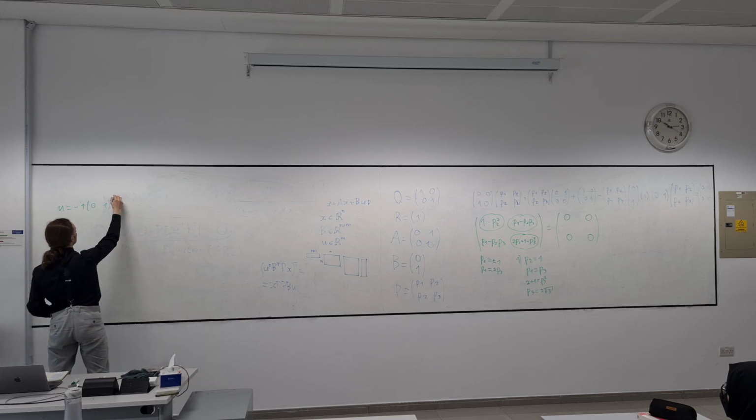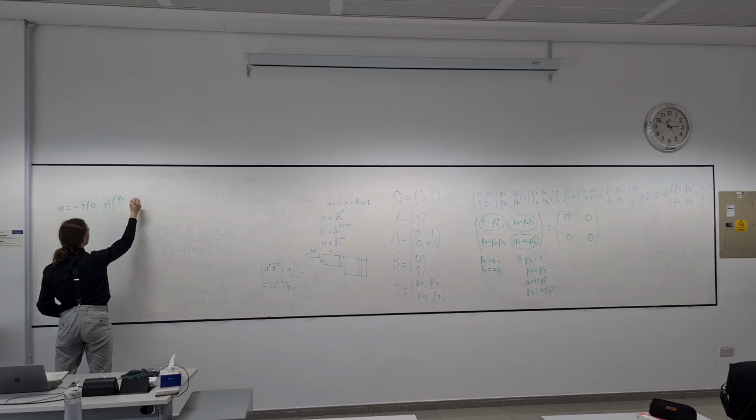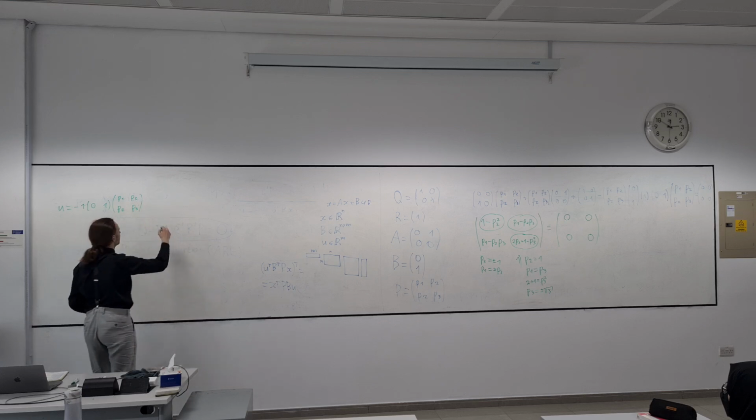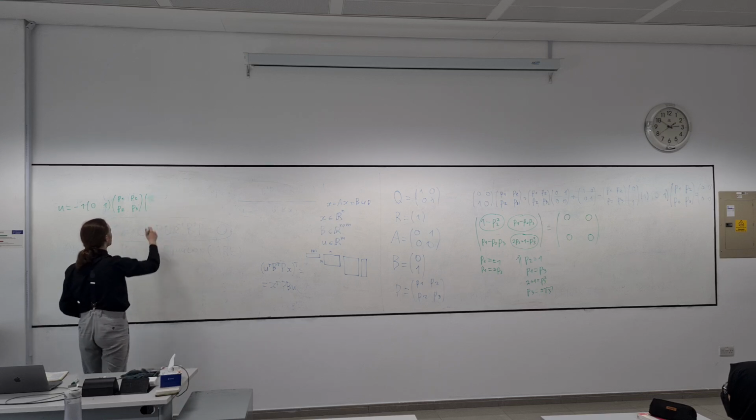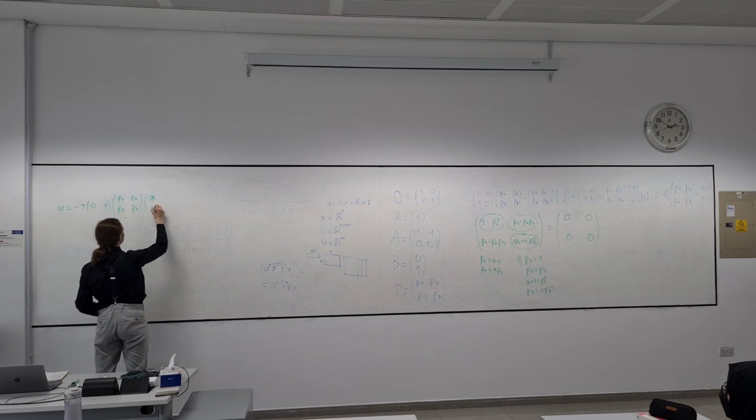And P has the form P1, P2, P2, P3 times the X vector, which is position and velocity, X and X dot, if this will not confuse.